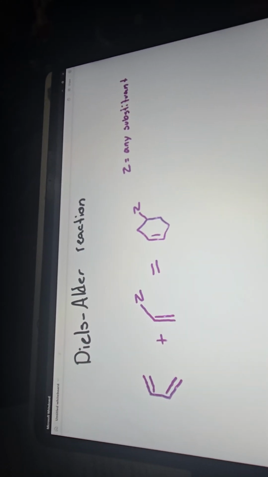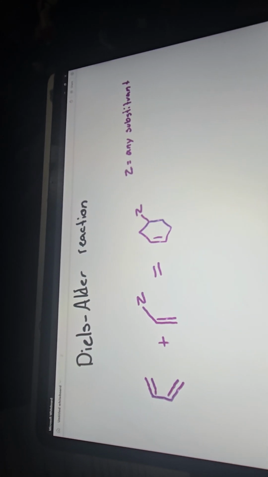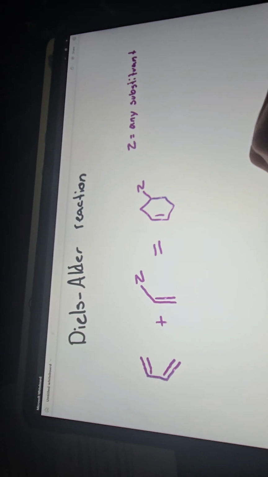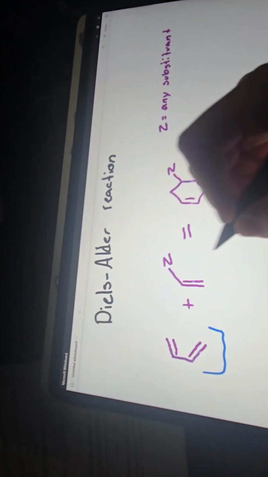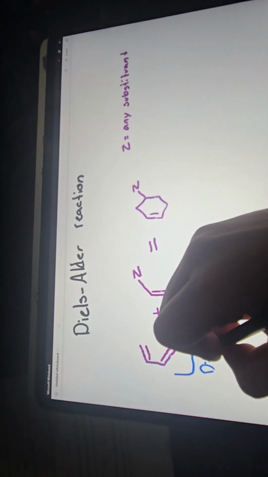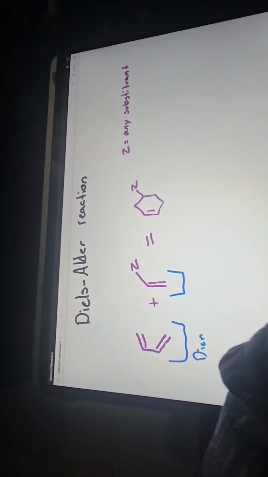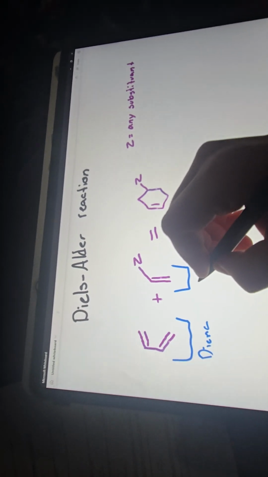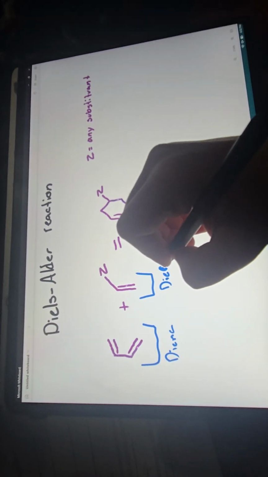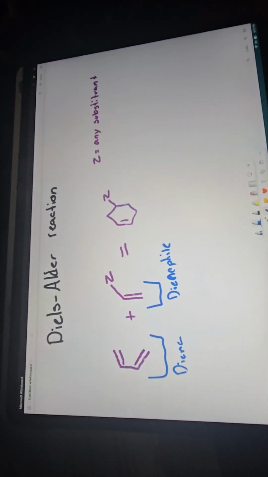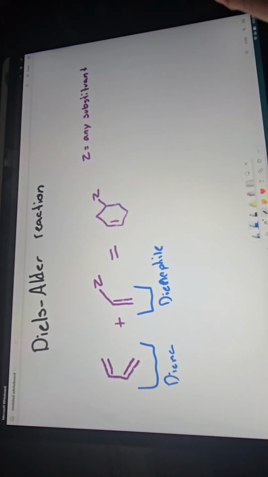In this reaction, two carbon-carbon bonds are formed. This happens because a diene and a dienophile react with each other.